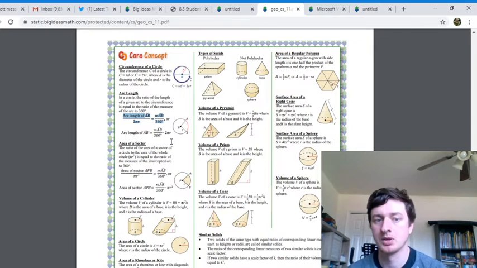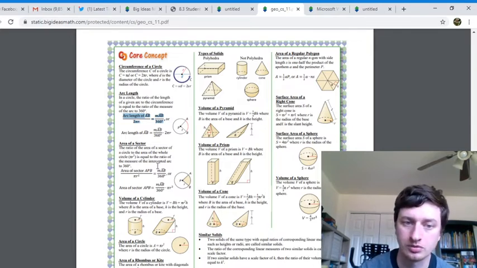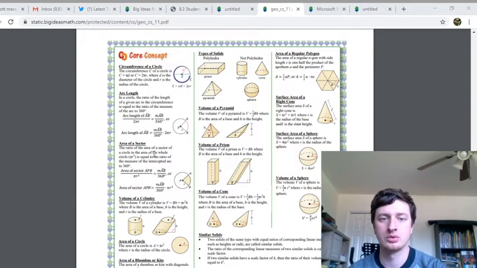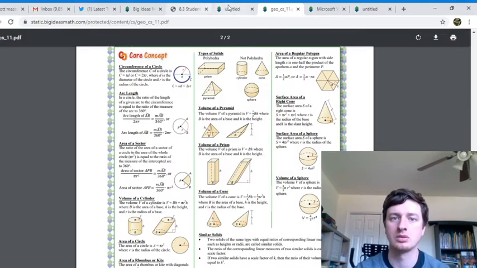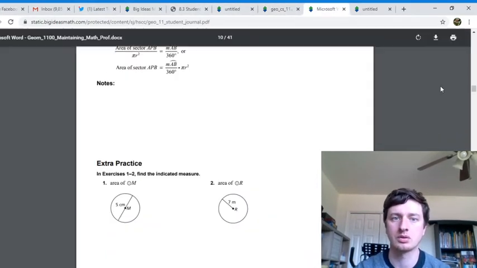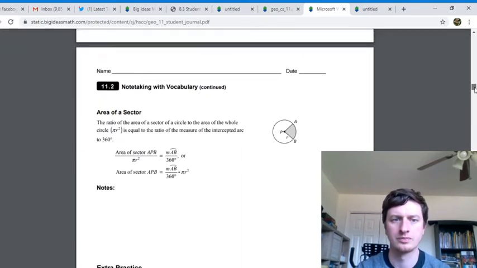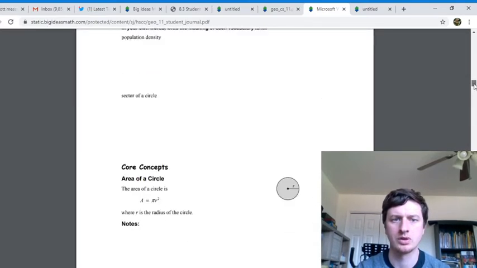Okay? Today we're going to talk about area. So circle area of a sector. So if you remember back to right here.